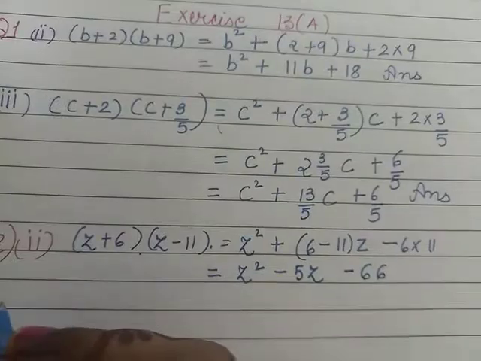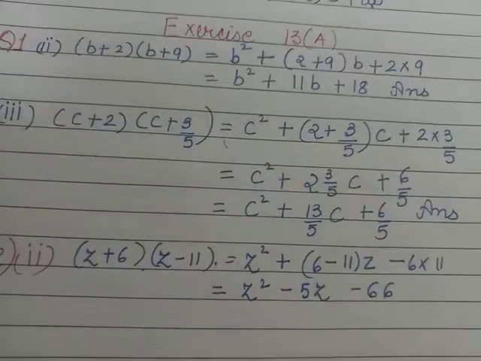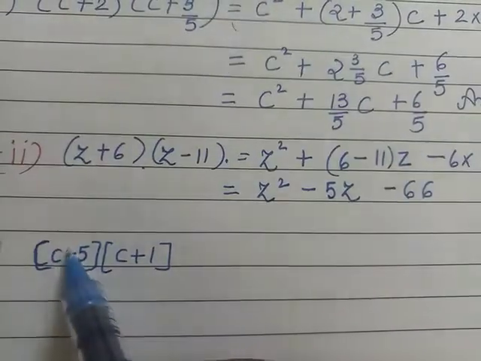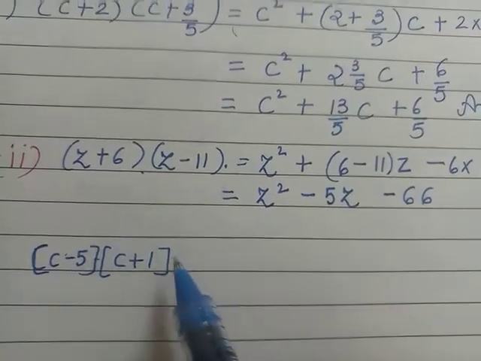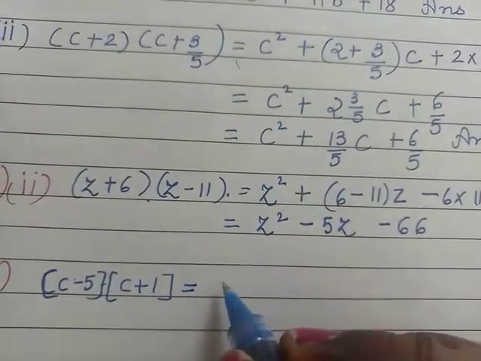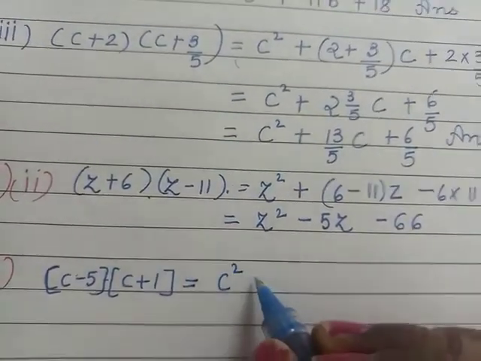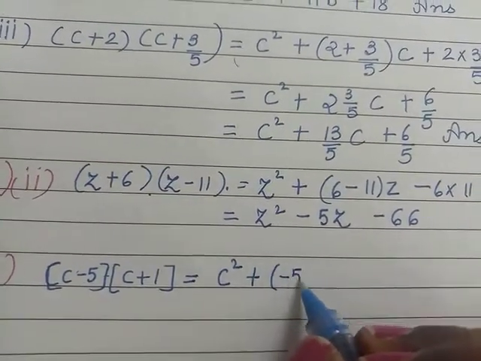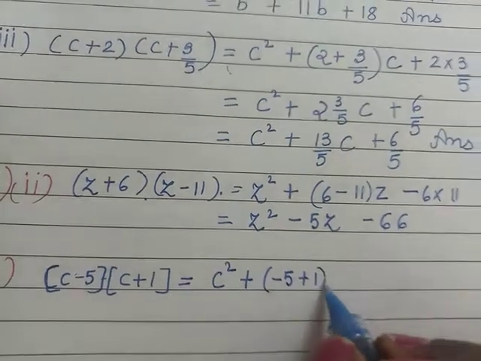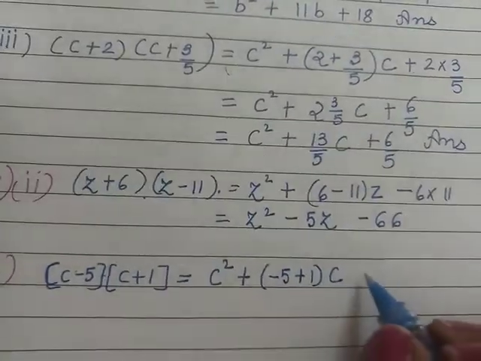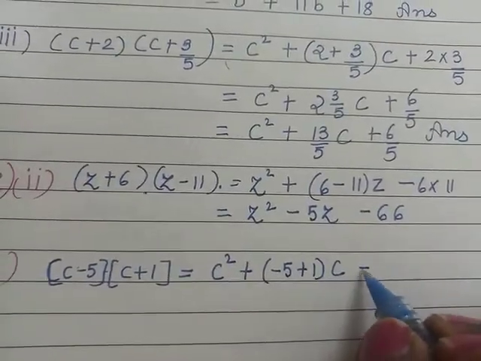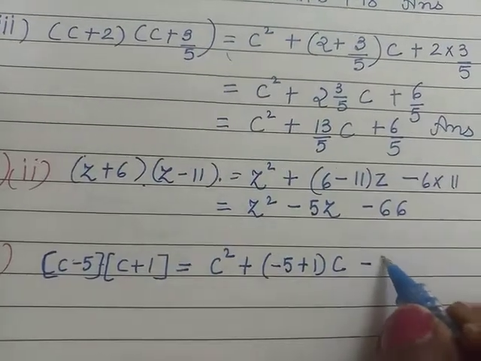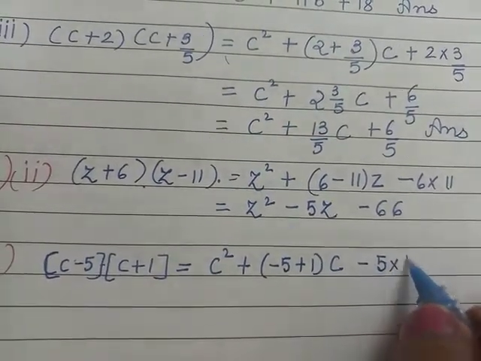Then I discuss the third part with you. It is given c minus 5 and c plus 1. So what do we write? C square, plus sign, minus 5 plus 1 into c, as one is positive another is negative, so minus sign is going to come, 5 into 1.